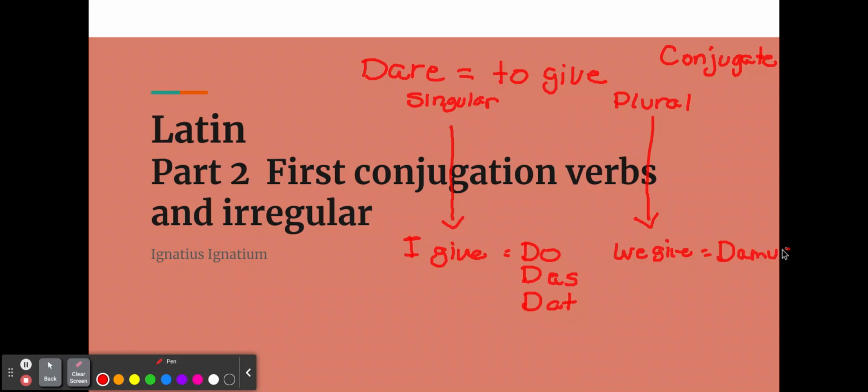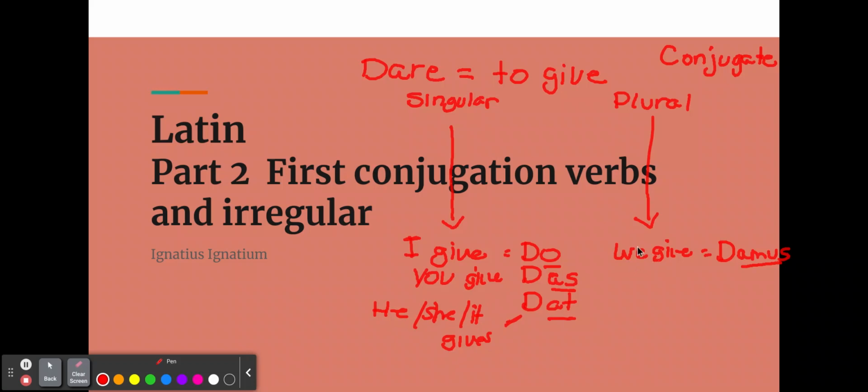Damus. Not amus. So underlining the endings that you have to remember: o, as, at in singular. And then over here we'll say you give, and then he, she, it gives.